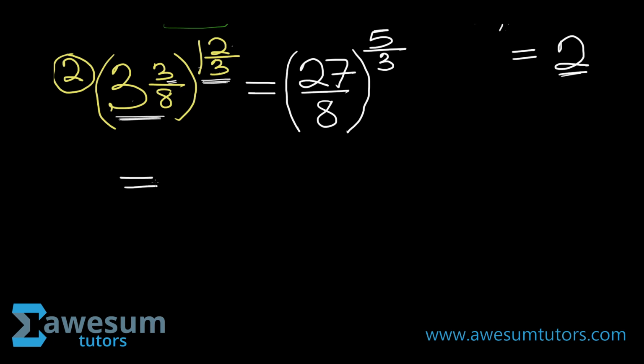Now if you take a look at what we have right here, 27 over 8, everything raised to the power of 5 over 3, you realize that this now looks like one of those laws of indices that we have talked about, which is fractional indices. So in that case, this denominator is going to represent cube root because that is 3 right there.